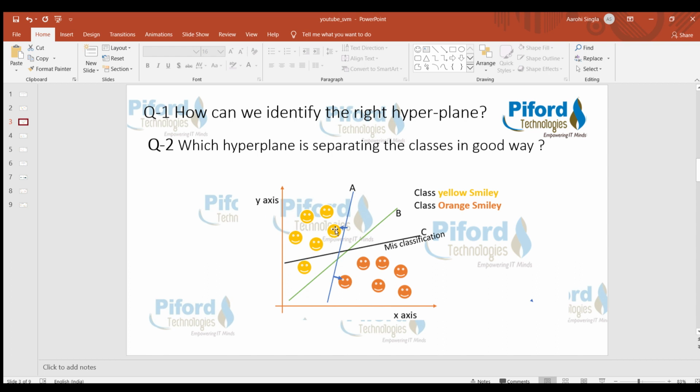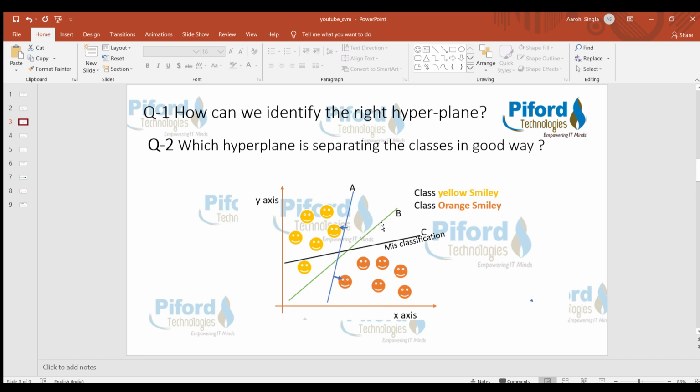These closest points are also called support vectors. So this is a support vector, and this is also a support vector. Support vectors simply means closest points. So our task is to choose the line with the maximum distance from the closest support vectors.